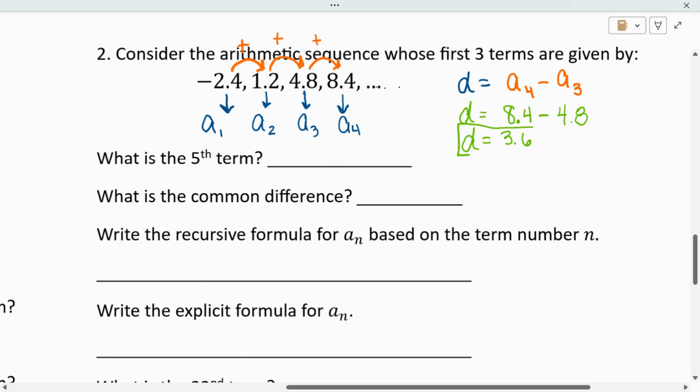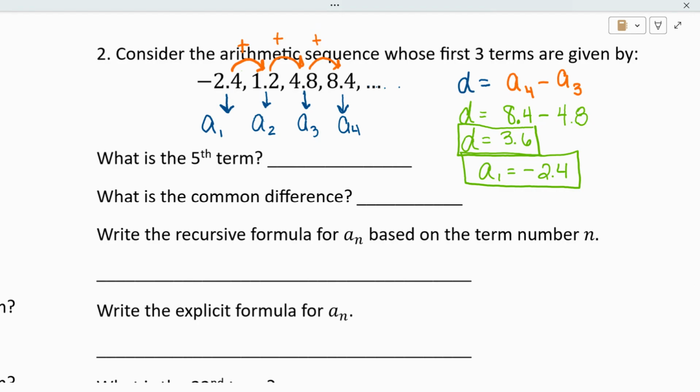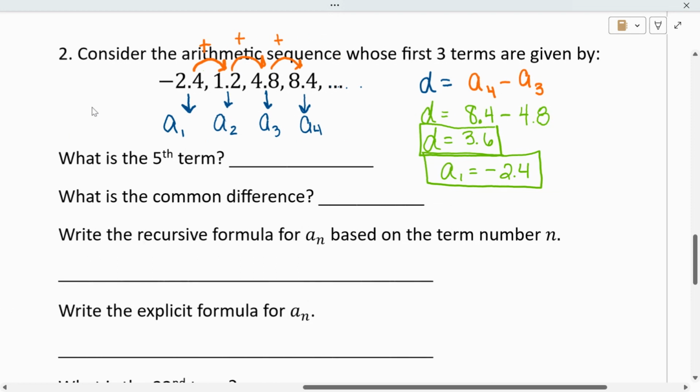So we know what our common difference is, and we know what our first term is. We know that a sub 1 equals negative 2.4. Both of those are so important that I think that's what pretty much the first three questions are asking about. The first question says, what is the fifth term? We can't find the fifth term unless we know the common difference. So we are adding 3.6 each time.